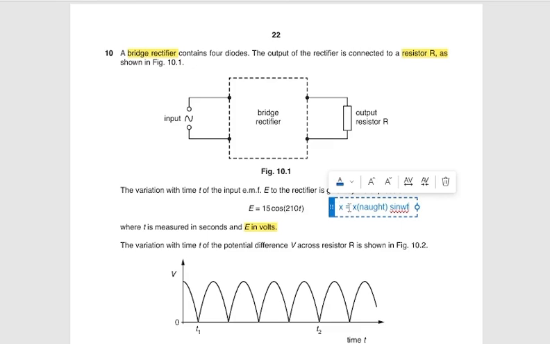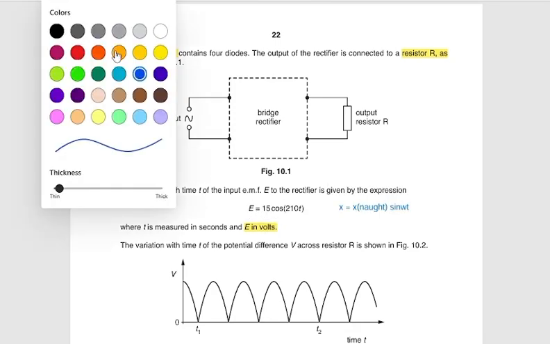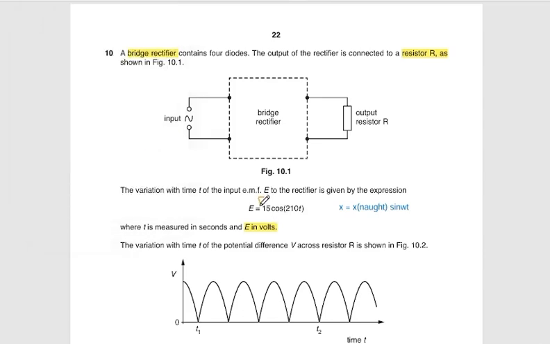Now we can see x naught is the max value, and then you have sine, and then you have omega and t. So if we look at this equation, we can see that this is E naught, this is cos, this is omega, and then this is t.